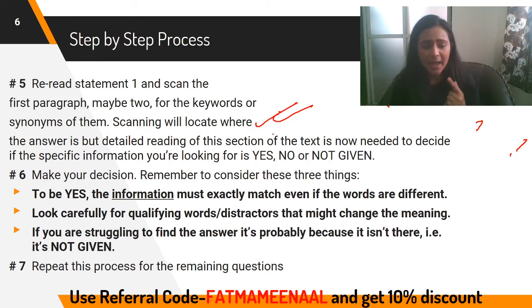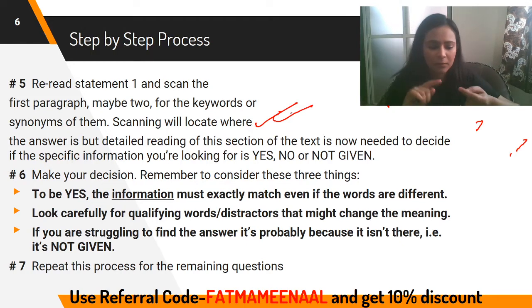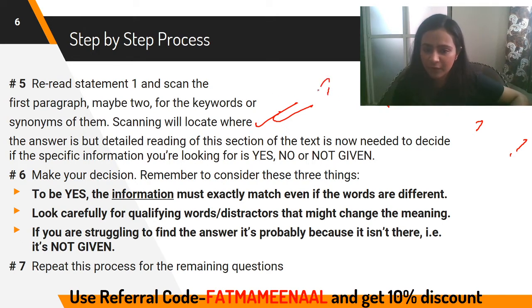Right? And as I was saying, your yes, no, not given questions, which I discussed in the first class, are always going to be in order. In case you have not seen the class that I took before this class on YouTube, make sure you listen to it, because this is a follow-up class, okay? So the questions will be in order. So if you found your first answer in your second paragraph, you know that the second answer will not be in the first paragraph.